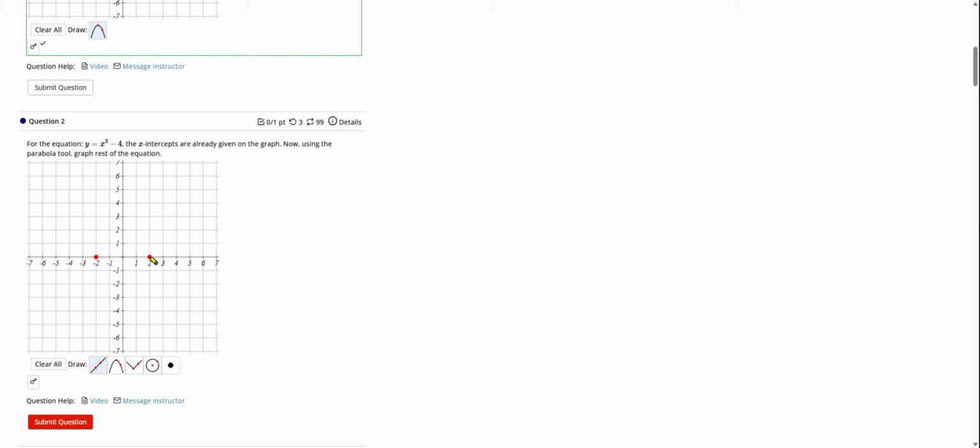I still have the dot of the x-intercept, but now I've got to choose the correct tile to graph with. 0, negative 4, 2, 0.